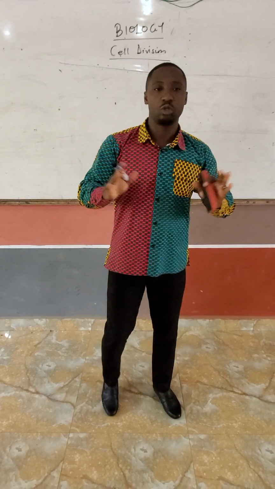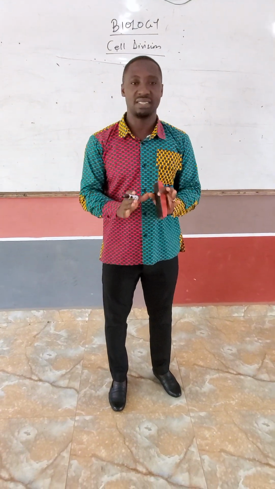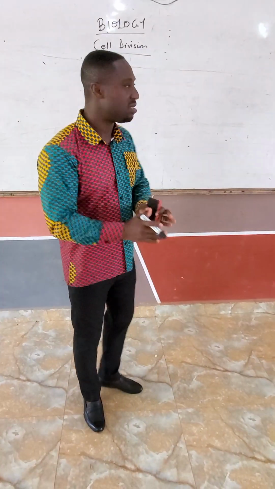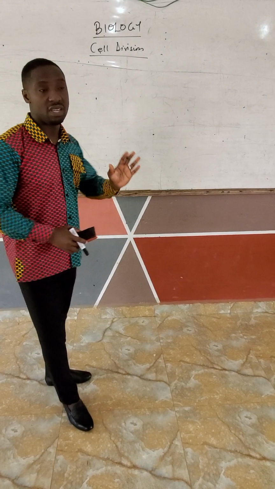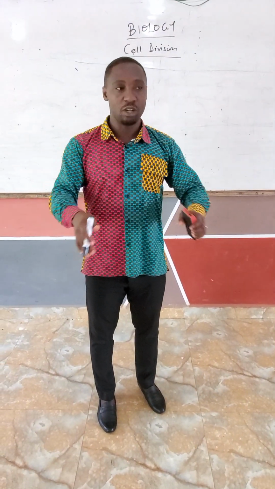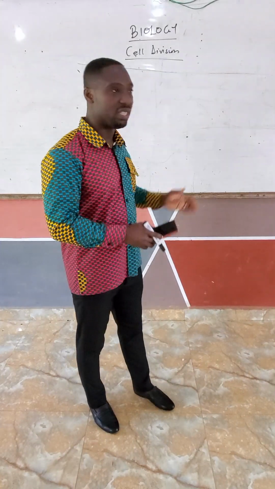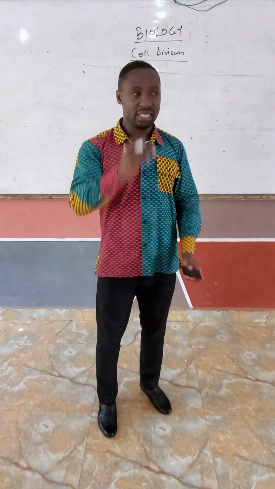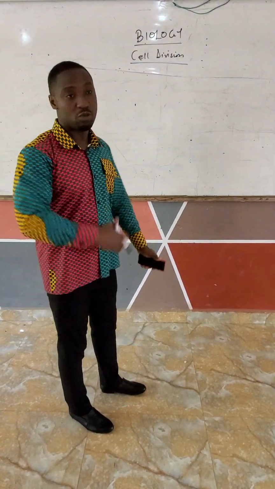Now, just as we always do at the beginning of each lesson in class, I'll list the specific objectives that we want to achieve at the end of today's lesson on the board so that we can all go through, and then it's going to guide us as we go ahead.